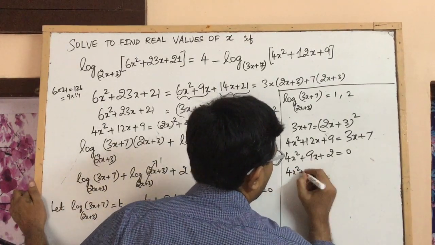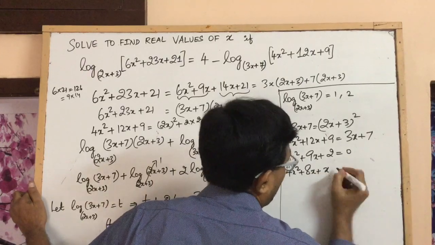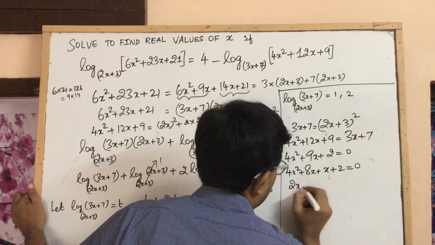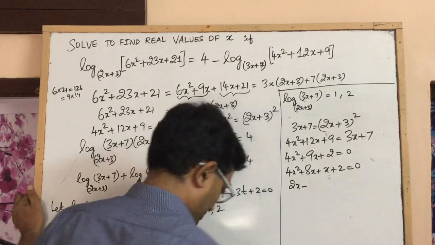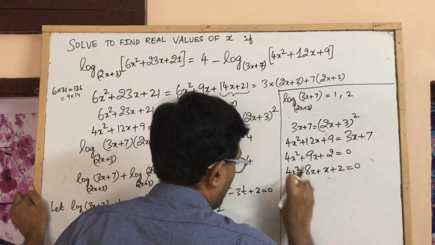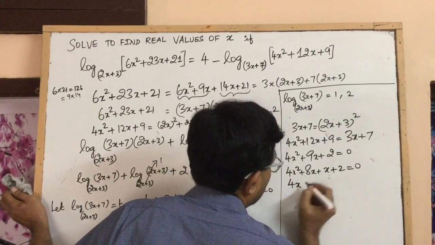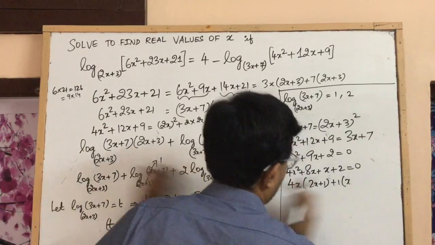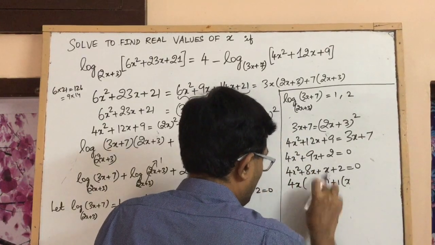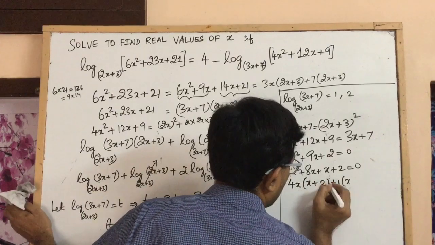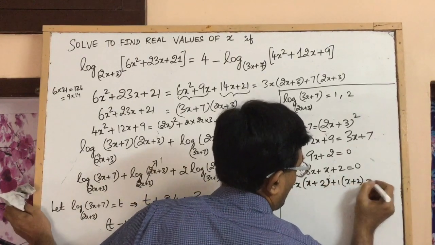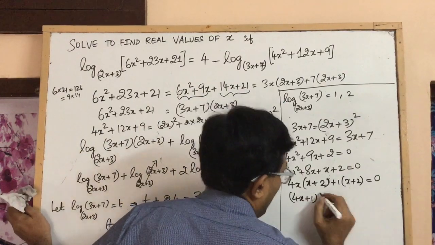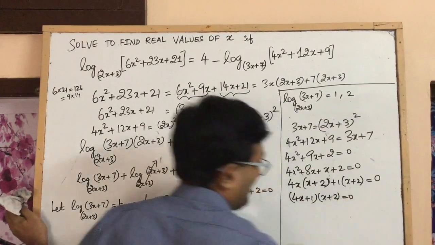So 4x squared plus 8x plus 1x plus 2 can be rewritten as 4x times x plus 2 plus 1 times x plus 2, that is 0, or 4x plus 1 times x plus 2 is equal to 0.